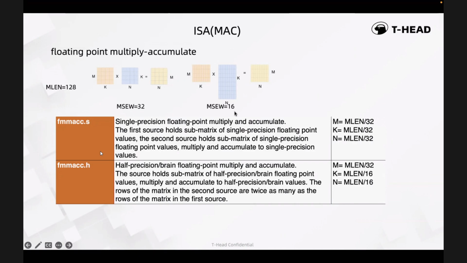And if it is floating point 8, we will have 4 times 16 and 16 times 4 to get a 4 times 4 result matrix.